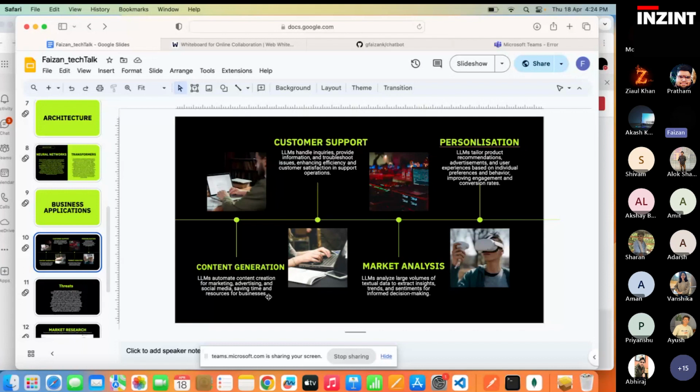NLU is something you might have heard of a lot of times. NLU is quite a buzzword and stands for natural language understanding and processing. So by natural language understanding and natural language processing, large language models have revolutionized customer support. They handle inquiries, provide relevant information, and troubleshoot issues with a human-like understanding of context and intent.